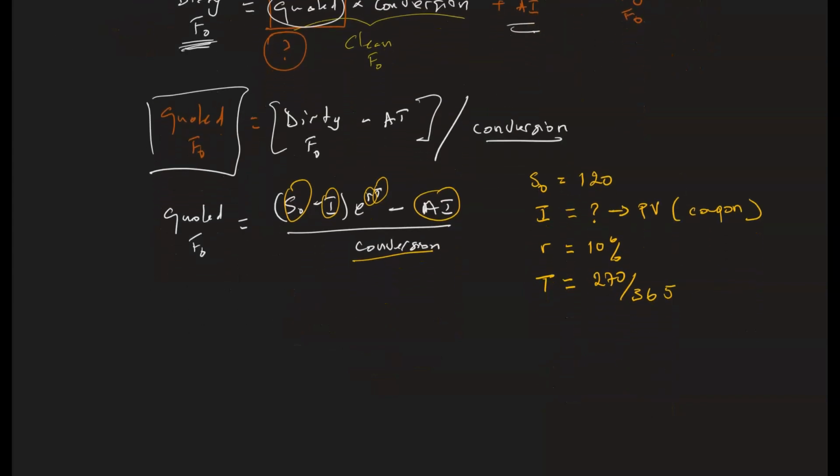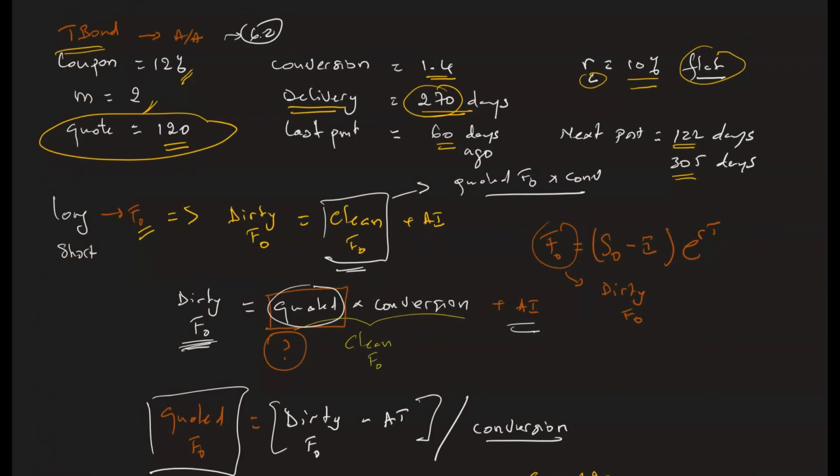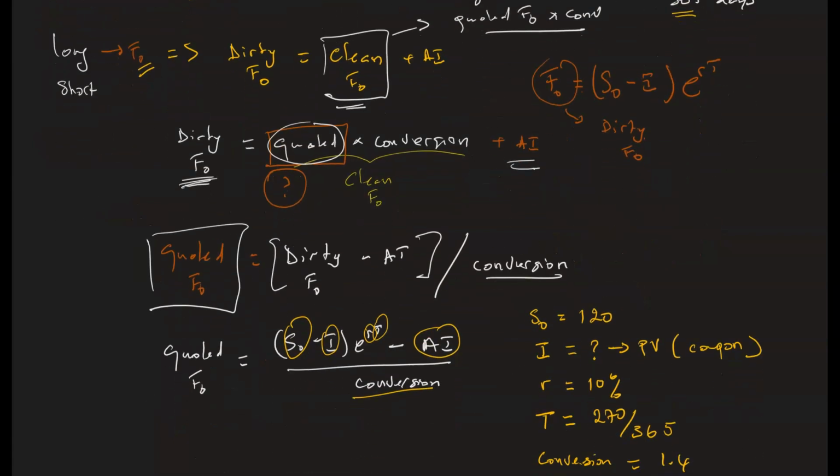And before we get to accrued interest, let's check the conversion. Our conversion factor is going to be equal to 1.4, and that is the value that we're given here. So we're given the conversion factor as well. We don't need to find it.